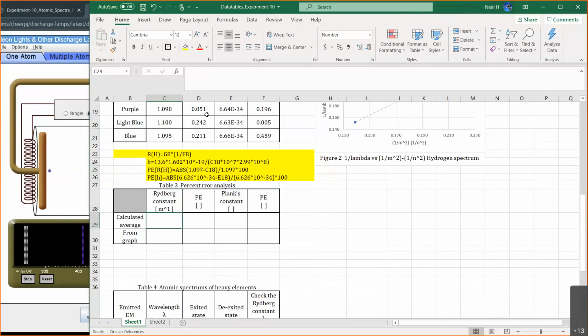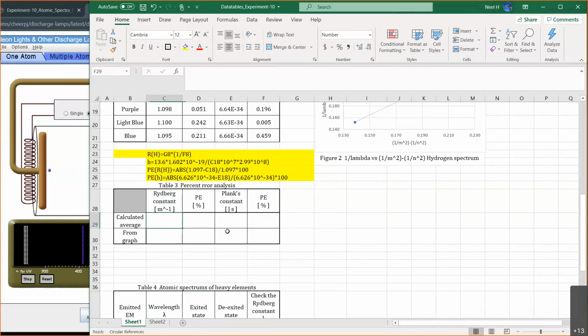Meter^-1, per meter. And percentage error, there's no unit, but sometimes we just put the percentage sign there. Planck constant, joule second. And the percentage error, just the percentage sign, okay.